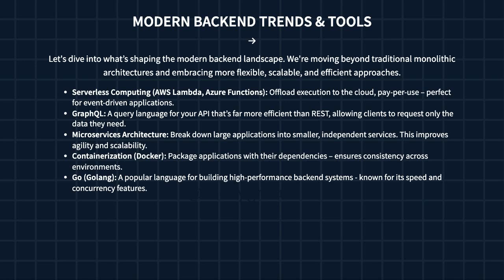Then there's microservices architecture. Imagine breaking down a huge application into smaller, independent pieces. This makes updates and scaling way easier. And containerization with Docker ensures your code runs consistently everywhere. Finally, Go is a really powerful language for building backend systems. It's known for being super fast.